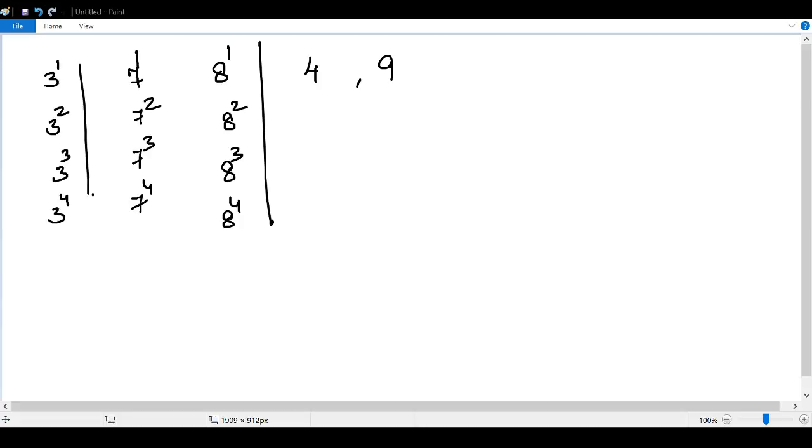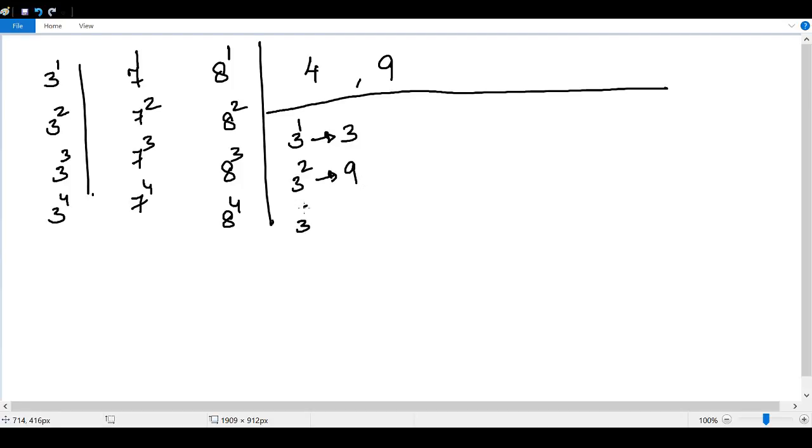Right. So if I have to look at the possibilities, this is what is happening. 3 power 1 unit digit is 3, 3 square unit digit is 9, 3 cube unit digit is 7, 3 power 4 unit digit is 1.